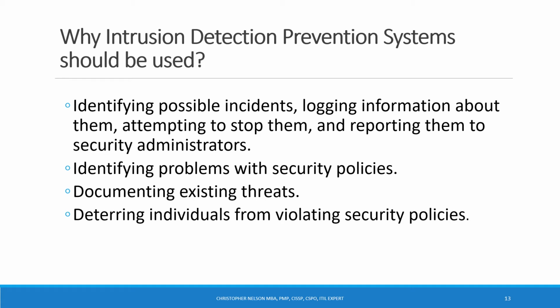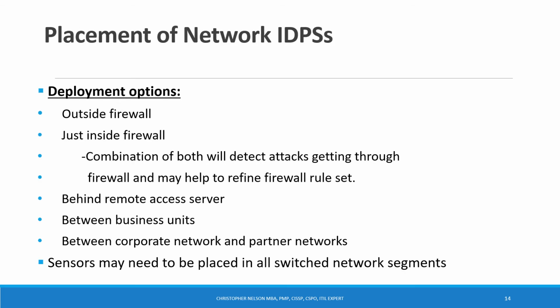And why do we use them? Well, they're used for identifying possible incidents, logging information about them, attempting to stop them, and reporting them to security administrators. This is combined with identifying problems with security policies, documenting existing threats, and deterring individuals from violating security policies.